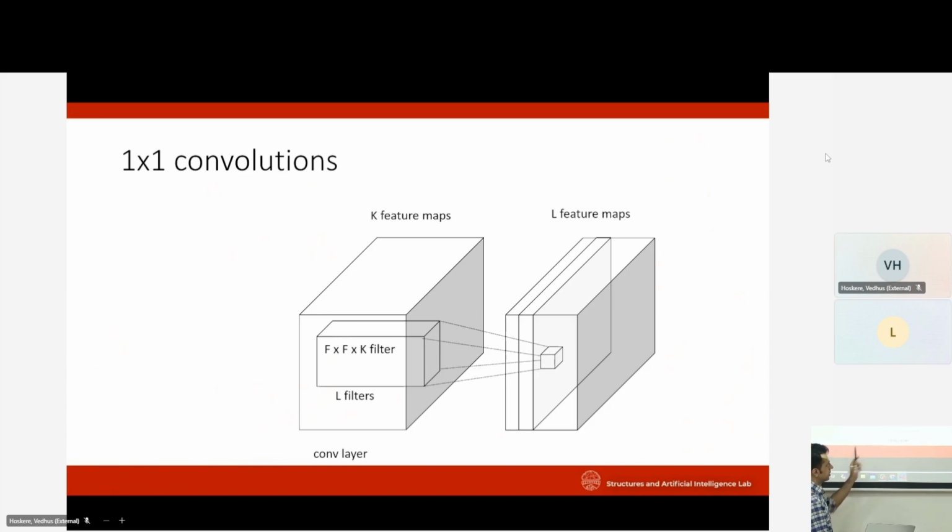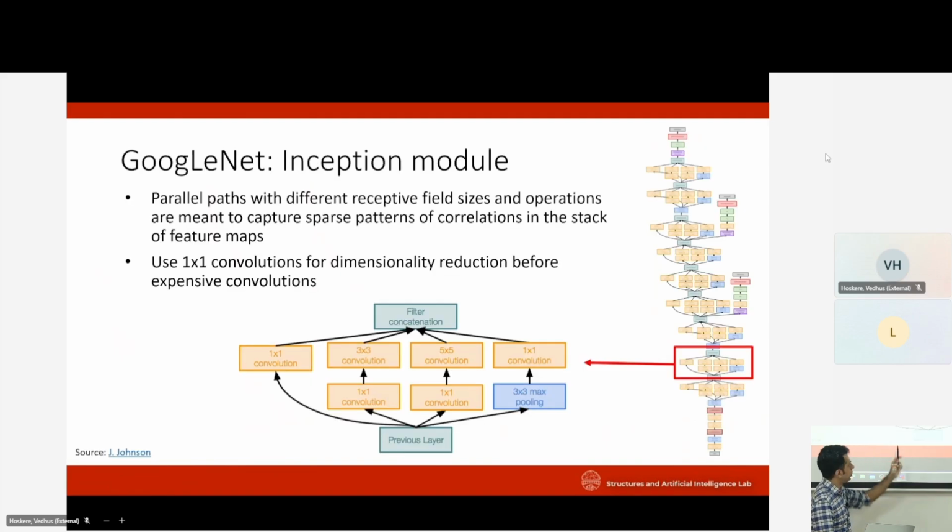So it's a very simple operation, and you can reduce but you still have most of that information. So they do these 1-by-1 convolutions first, and then they apply the more expensive operations to save. And then finally, you need to make sure they're all the same size, and then you can concatenate those outputs, and you get a new set of outputs.